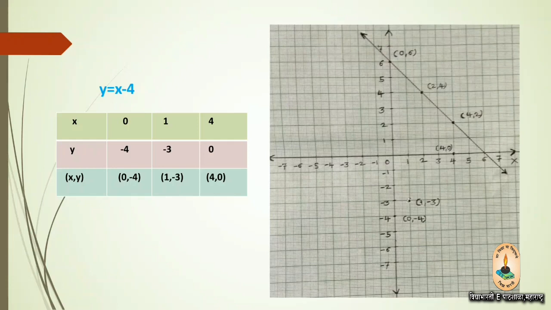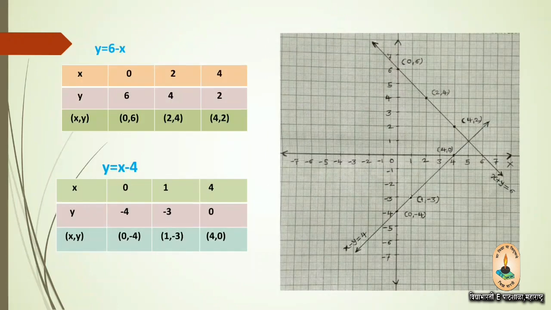And the point 4, 0 lies on the x-axis. Then draw the line passing through these 3 points. In this way, we draw 2 lines as shown in the figure.